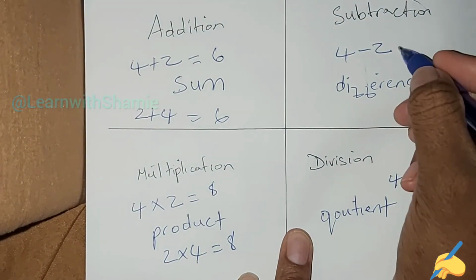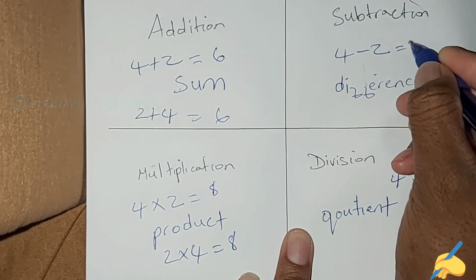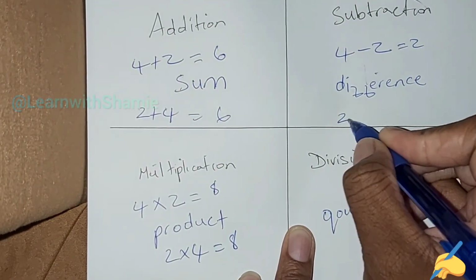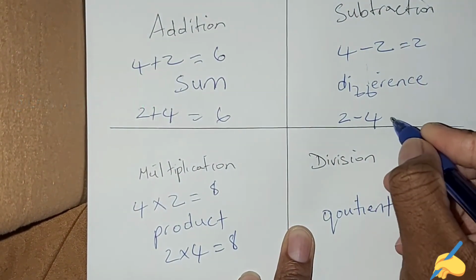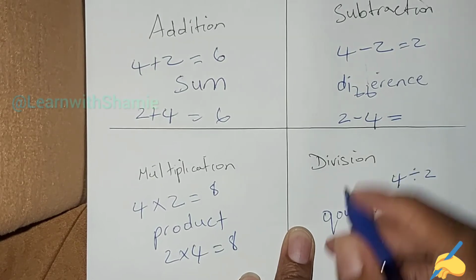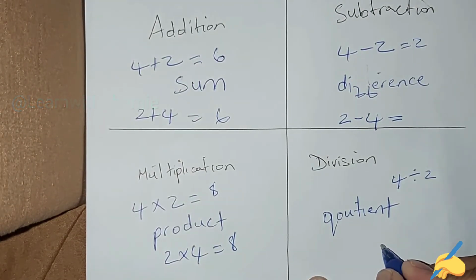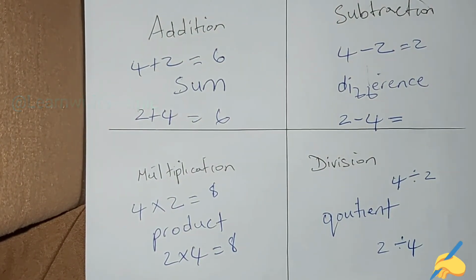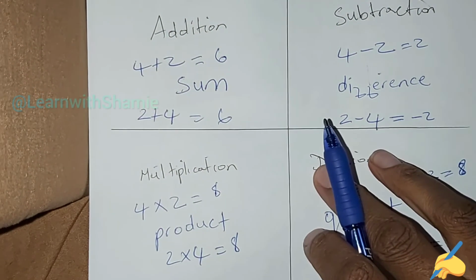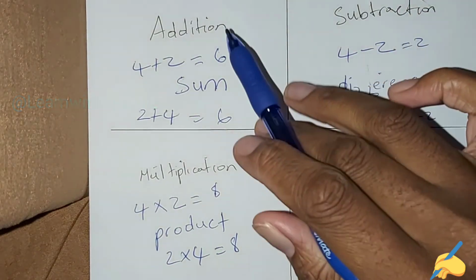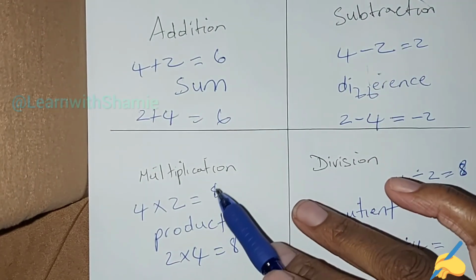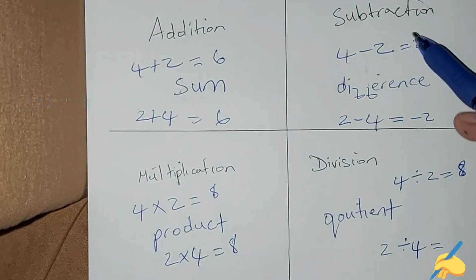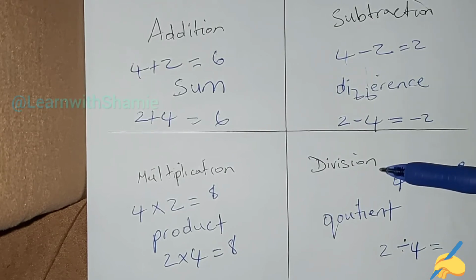Meanwhile, for the subtraction operation, if you change the operation around, you're not going to get the same answer. So the order of operation doesn't matter for addition and multiplication, but it does matter for subtraction and division.